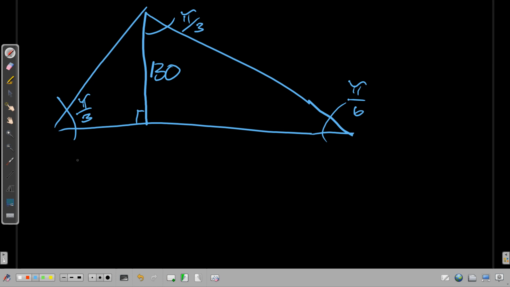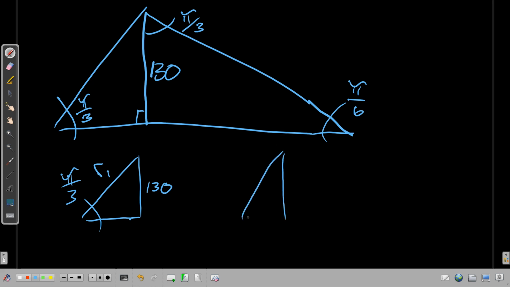And they want to know what this length x is. Okay, well, if I were to draw each of these triangles, then this one here with the angle of pi over 3, and let's call it R1 for the radius, has R1 sine of pi over 3 equal to 130.